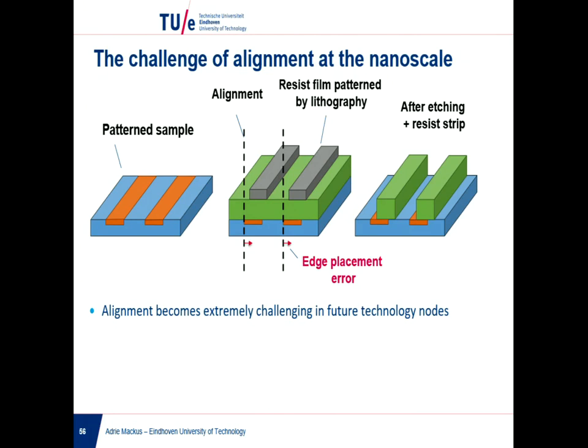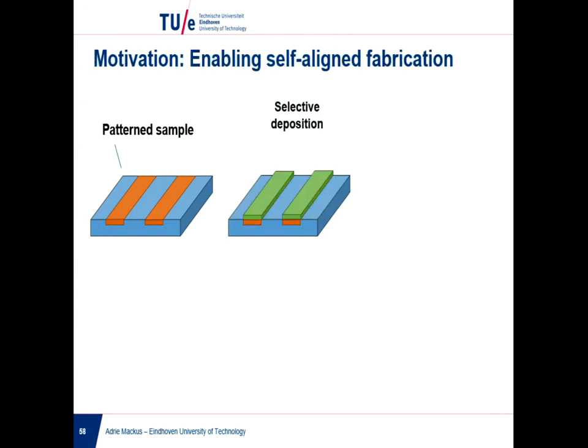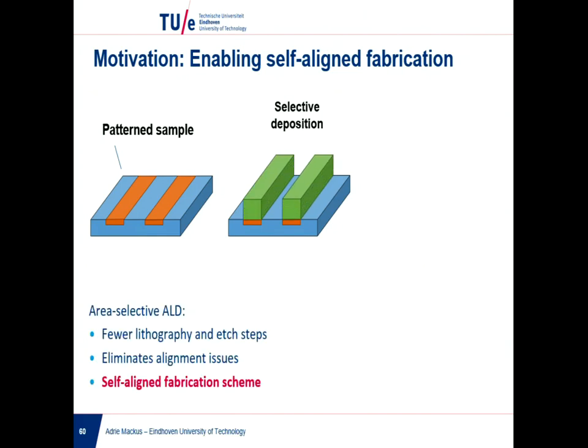So you can imagine that this is becoming extremely challenging for these small dimensions. The challenge in downscaling of electronics is nowadays not only about making smaller features, but the alignment is becoming one of the main bottlenecks. So the alternative is, and you see this one coming, to selectively deposit the green on top of the orange.